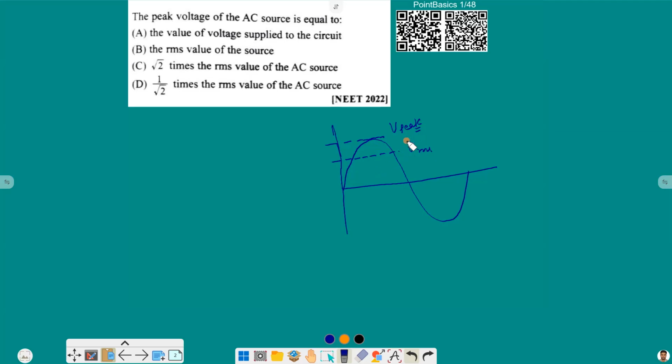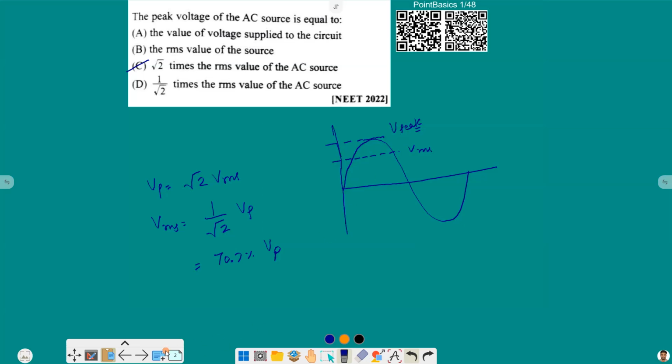And there is a relation between RMS and peak, that peak value is root 2 times of the RMS, or we can say RMS is equal to 1 by root 2 times of the peak, and that is almost equal to 70.7% of the peak value. So here option D, that root 2 times of the RMS value of the source is the peak value, that will be the right answer.